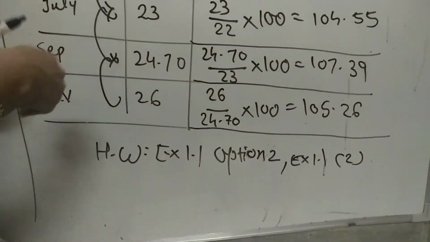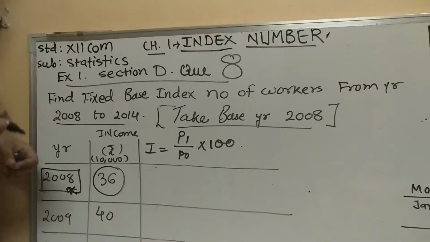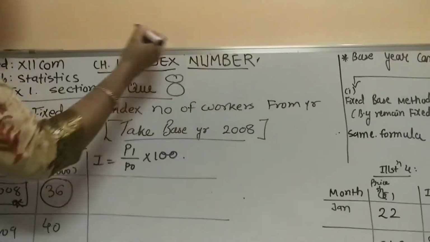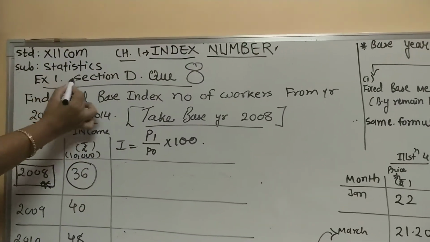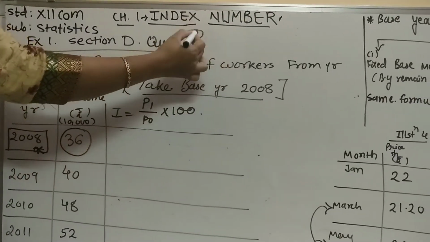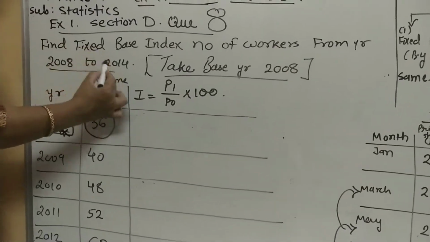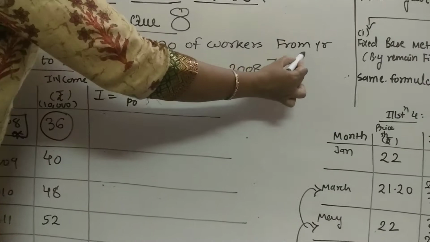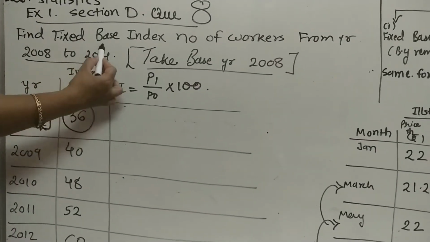And now let's solve another sum from exercise 1. Let us see chapter 1 index number, the practice sum from exercise 1 section D, question number 8. In this question 8, it is written: find the fixed base index number of workers from the year 2008 to 2014.